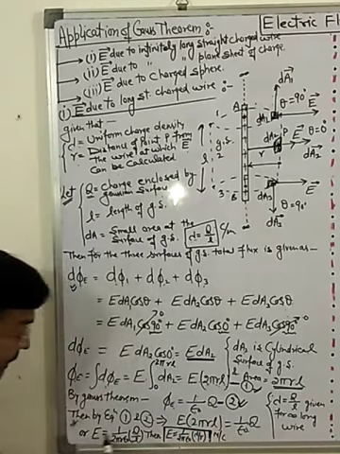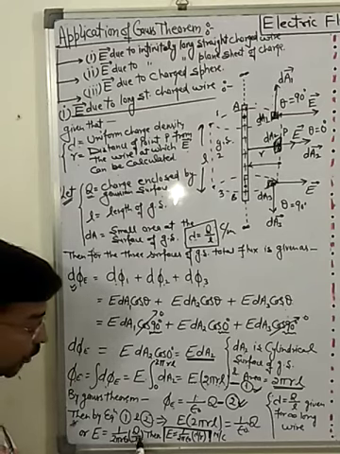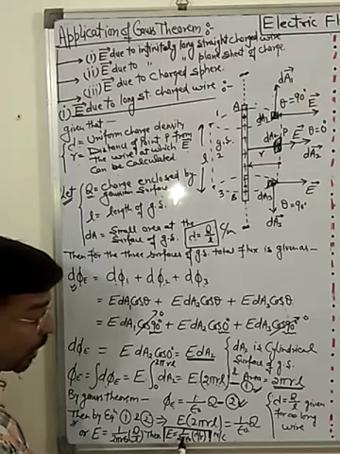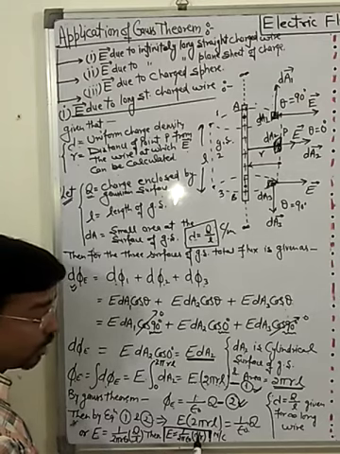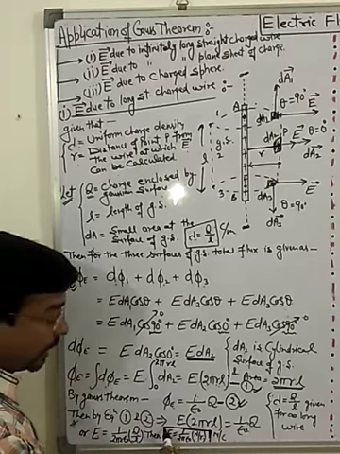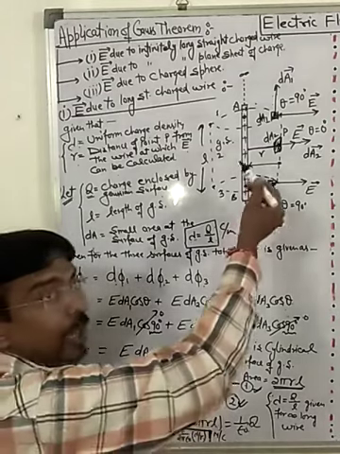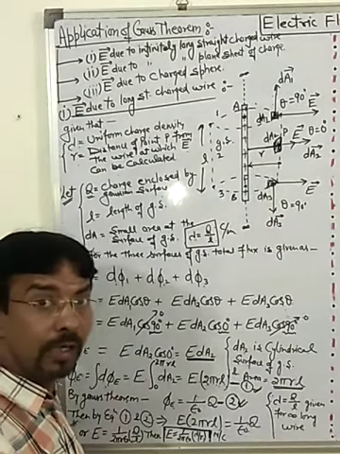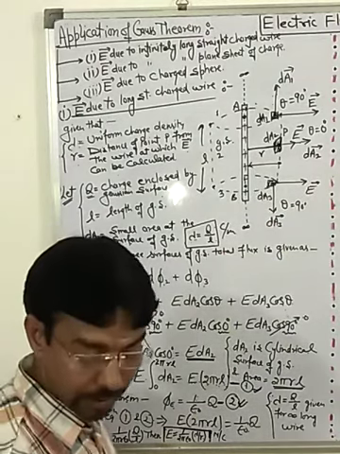So therefore E equals 1 upon 2 pi R epsilon naught times q by L. And now finally E equals 1 upon 2 pi epsilon naught times lambda by R. It is the electric field intensity due to an infinitely long, uniformly charged wire. Okay, thank you.